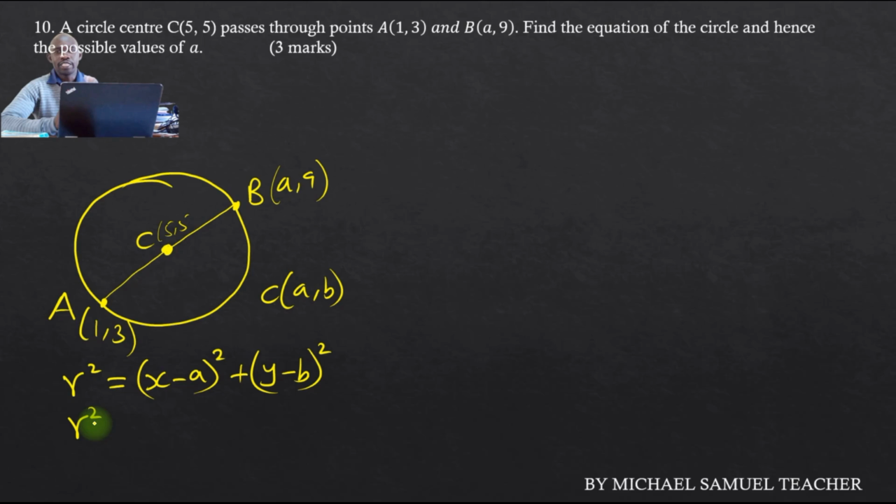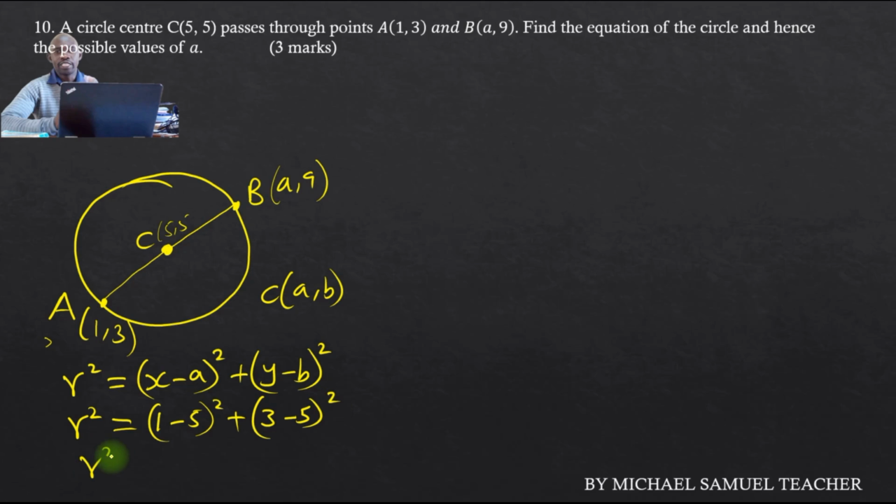And something else that is very important: we can take point A, and that is the value of x, y. So x is 1, y is 3. So r squared is (1 minus 5) squared plus (3 minus 5) squared.